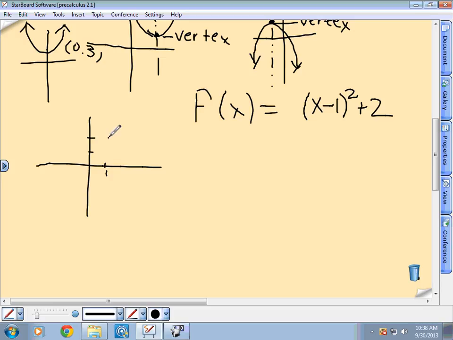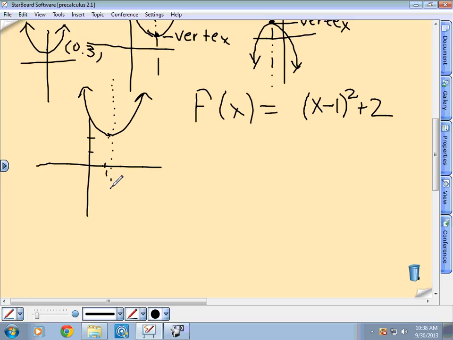And is that going to open upward or downward? Up, because there's a positive coefficient in front of it. It's positive 1. It's not written, it's just positive. So here, what then is my axis of symmetry on that? On this function, what's my axis of symmetry?